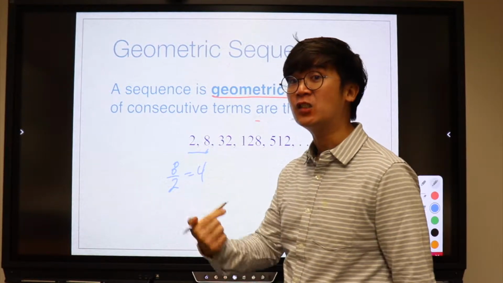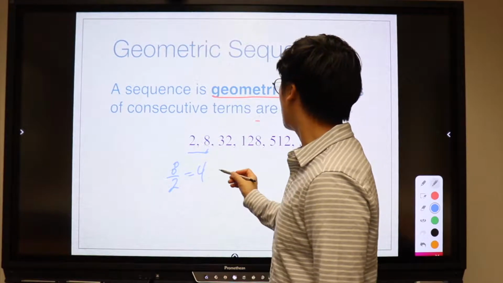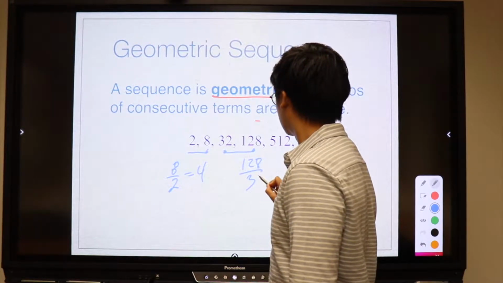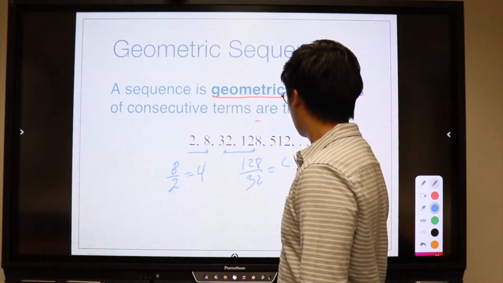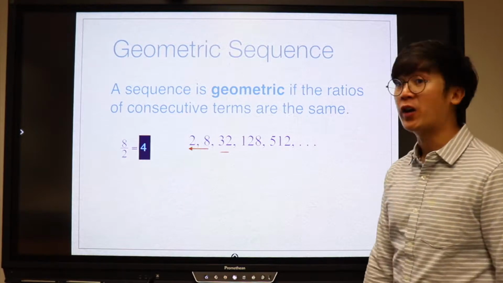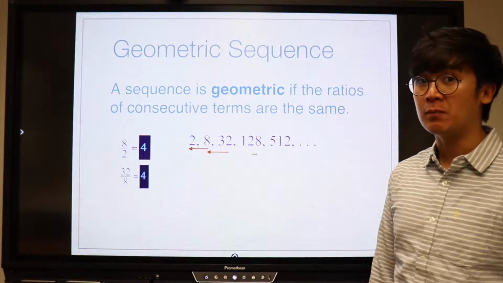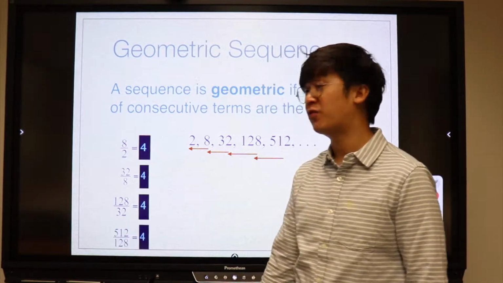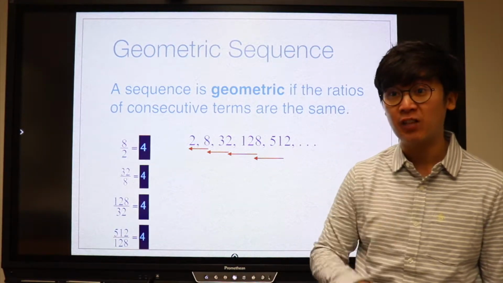And it needs to be common for every single term. So if I pick 128 and 32, it's equal to 4. Because we have a common ratio. So if we divide every single term by the previous term, it will give us the same result, which is 4. And that is the pattern we're looking for.